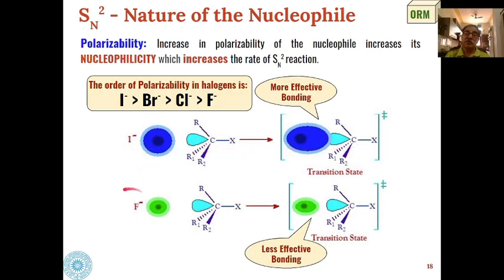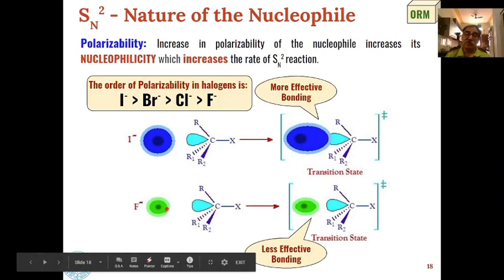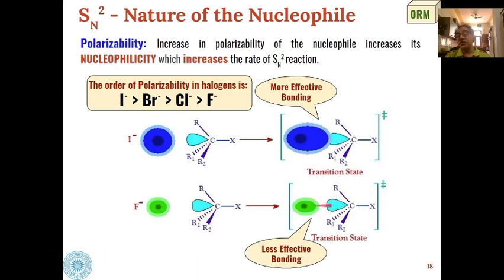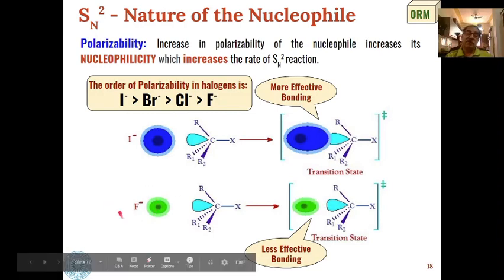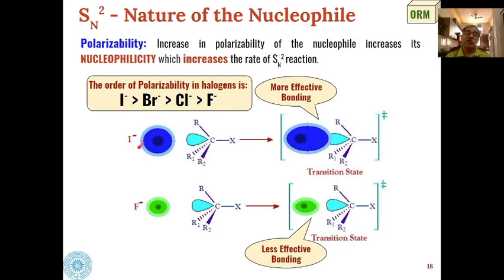In case of fluoride ion, the polarizability is low, and the bonding between the substrate and the nucleophile will be less effective. Because of this lower polarizability, the nucleophilicity of F negative is less, and the rate of SN2 reaction involving fluoride will be low in comparison to reactions where iodide ion is the nucleophile.